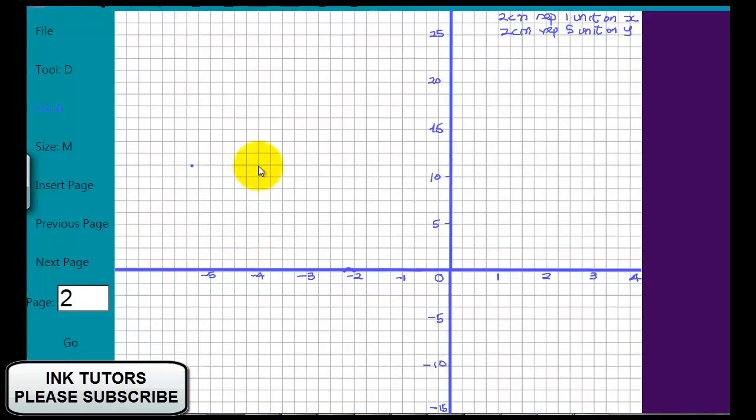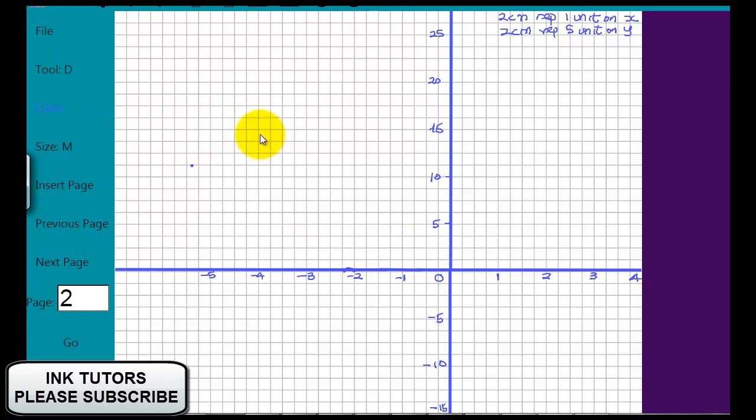When x is minus 4, now y is 18. Now this is 15. Each box here, because we have 4 boxes makes up 5 points, means each box is going to be 1.25.